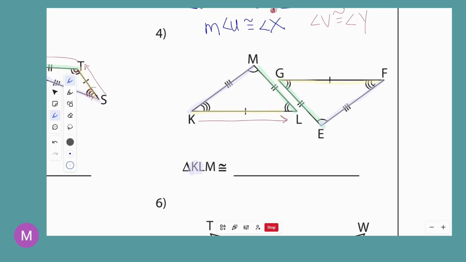So let's find our 3 and go to the 2. That would be going this direction. So we're going to go this way around. FGE. Whoops. All right. So let's check. We have KLM, so yellow to green to purple. F, G, E, yellow to green to purple.